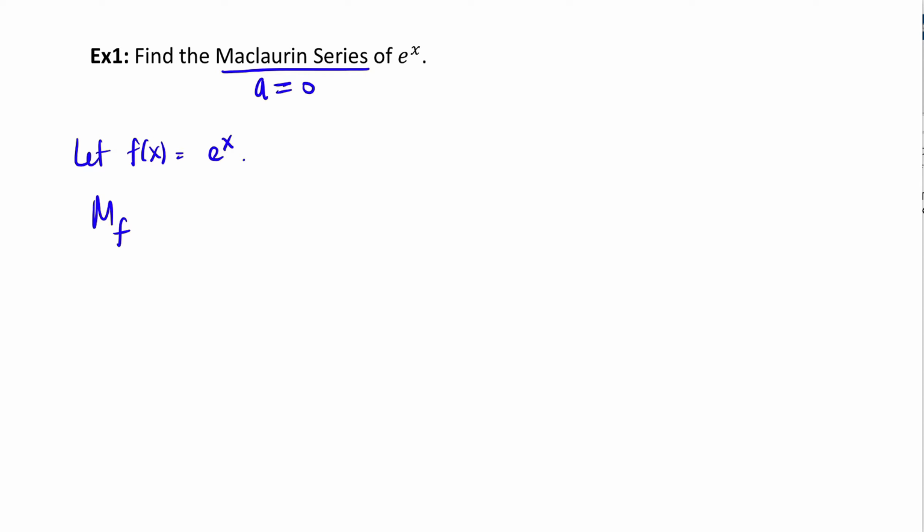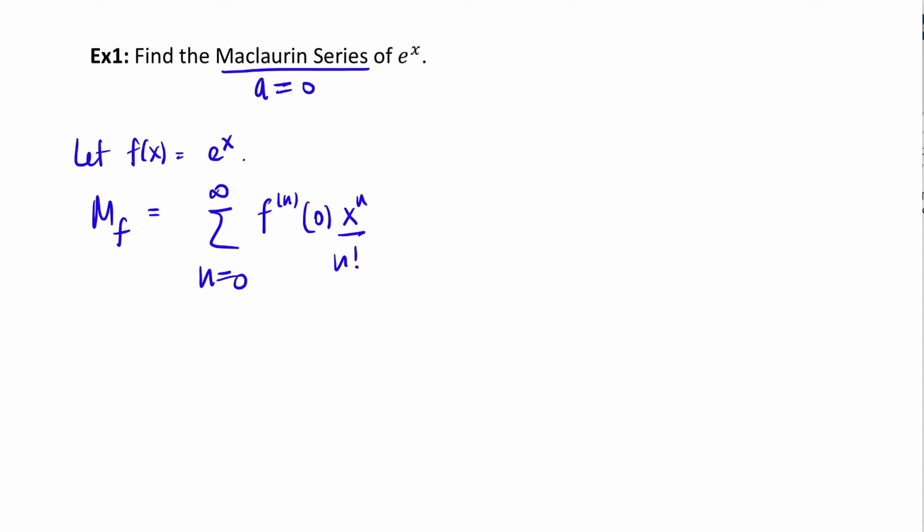Then the Maclaurin expansion is equal to the sum from n equals 0 to infinity of the nth derivative of my function e to the x, evaluated at 0, times x minus 0 to the n, over n factorial. But here it's just x to the n over n factorial.